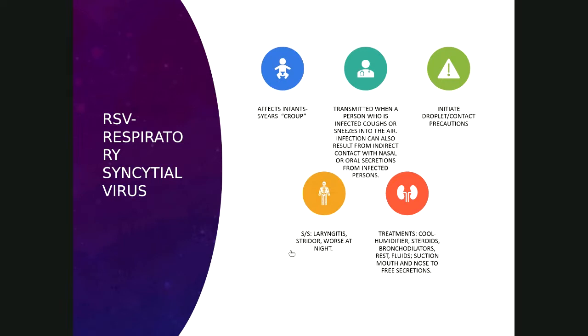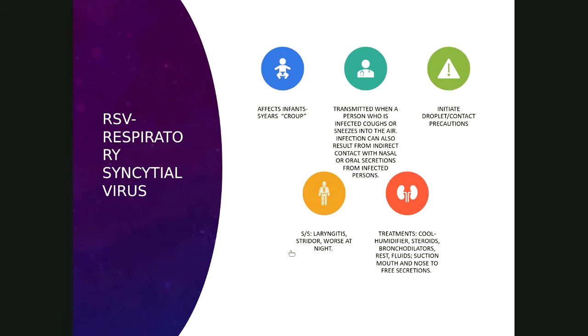Most oftentimes, the patient will have laryngitis, so that raspy voice, difficulty speaking. They'll have stridor, and it's usually worse at bedtime, worse at nighttime. Treatments for this condition are a cool humidifier, steroids, bronchodilators, rest, and fluids. Always fluids with respiratory issues because, again, it breaks down those secretions.